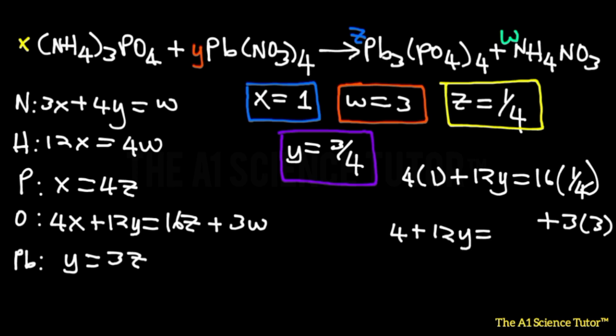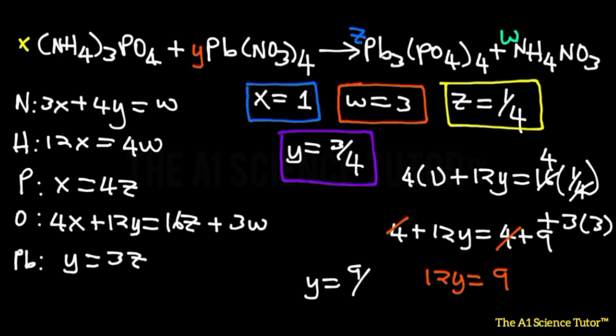And this is going to cancel to give us a 4. So that should be 4 plus 9. Now we know these ones are just going to cancel. So we're going to have 12y to be equal to 9. And so y, that should be equal to 9 divided by 12, which is the same thing as 3/4. So we're actually correct with that.